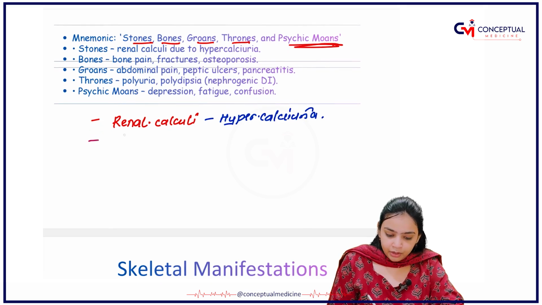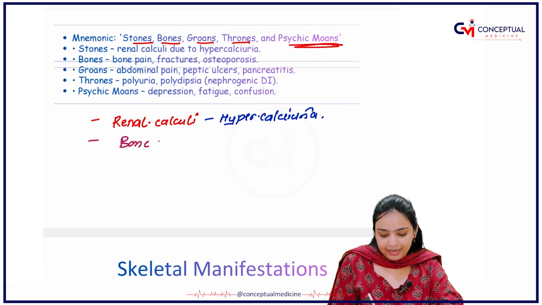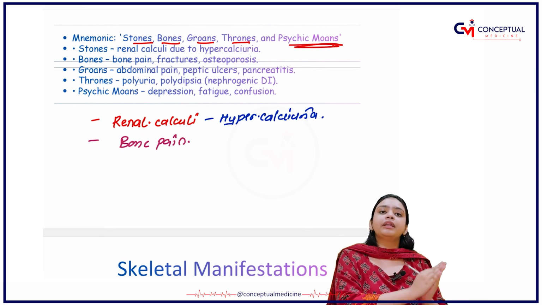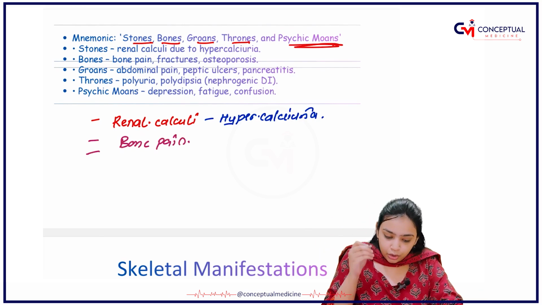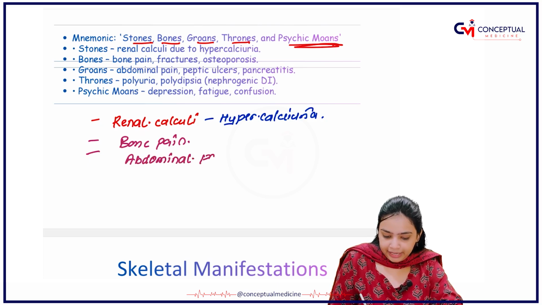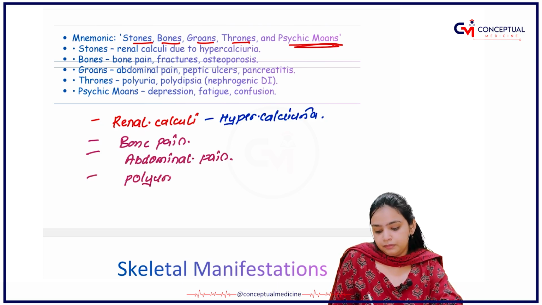Next one, you have bone. So there is bone pain. Like there are chances that the person will develop fractures. Groans means there will be abdominal pain. And thrones mean there will be polyuria and polydipsia.